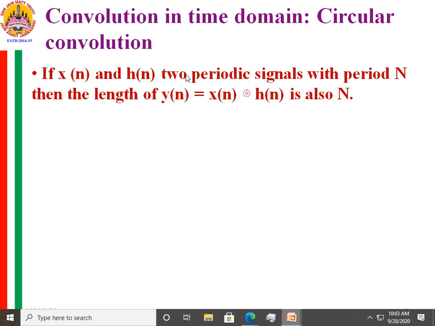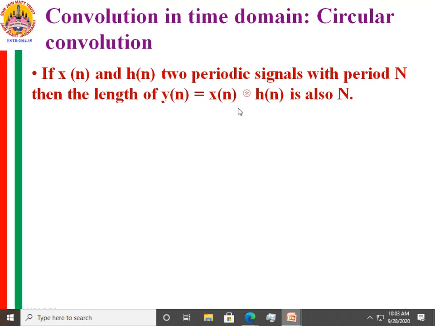So consider that we have the two signals x[n] and h[n]. Those are periodic with the period of capital N. Then the length of convolution y[n], the convolution between the two sequences x[n] and h[n].